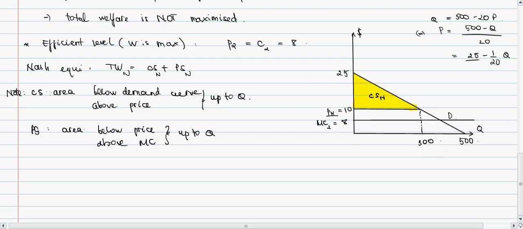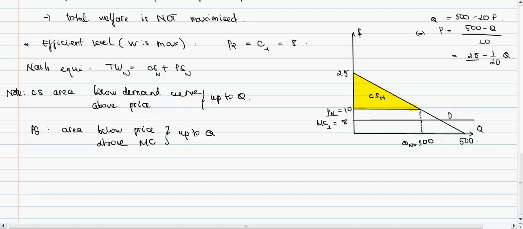Alright, what is the producer surplus in the Nash equilibrium case? Again, producer surplus is the area below the price, which is 10 over here, and above the marginal cost, which is 8, up to the quantity that the firm is selling to the market, which is QN equal to 300 over here. Okay.